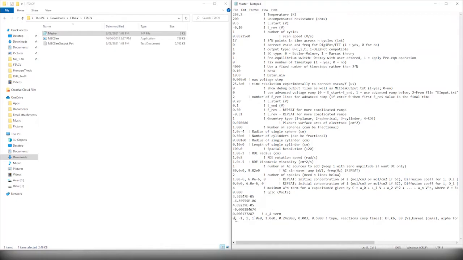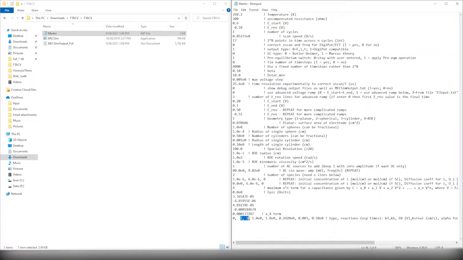And also generally just these will be your reactions of your system, where the first number specifies the type of reaction that's going on, either electron transfer, first order chemical reaction, or second order, as well as your reaction happening at the electrode surface, denoted by either a -1 or a 1.